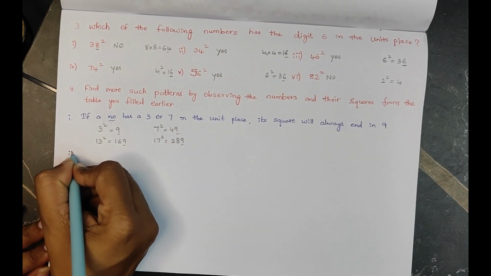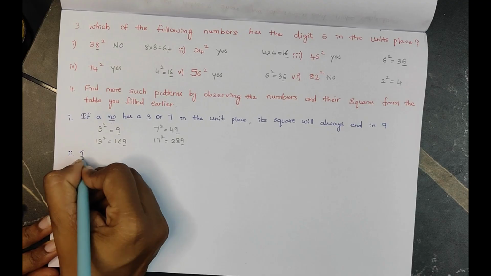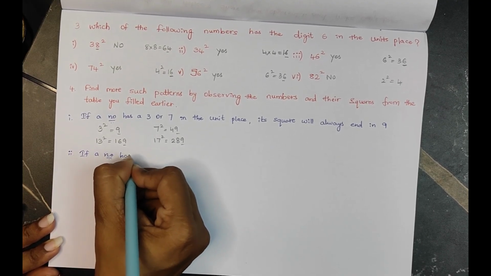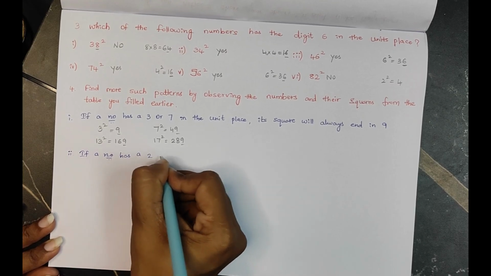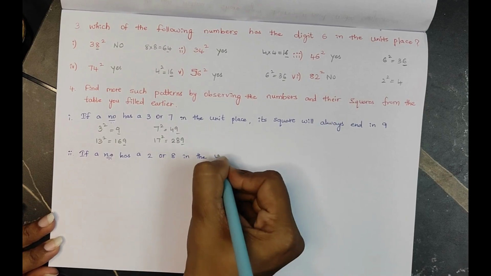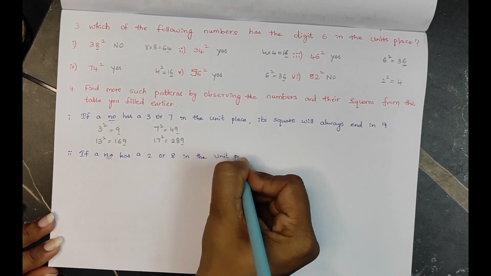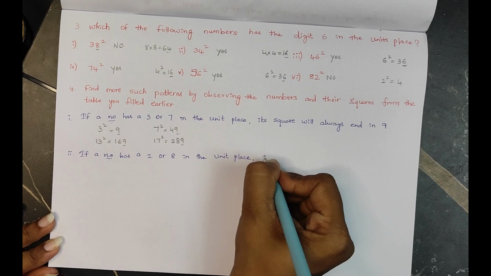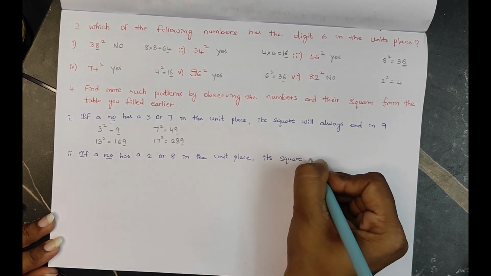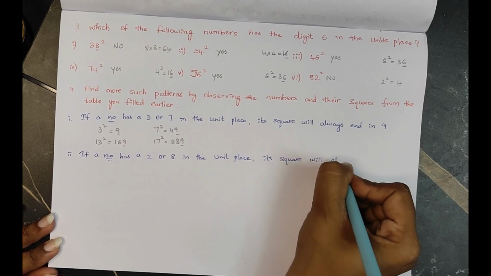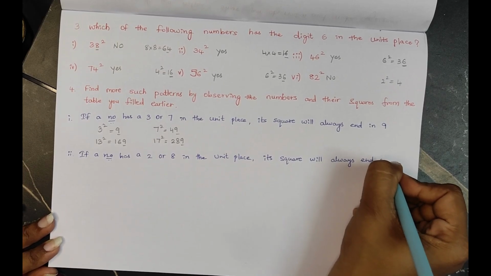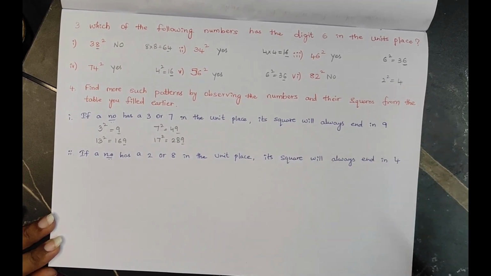Next, second pattern we are getting: if a number has a 2 or 8 in the unit place, its square will always end in 4.